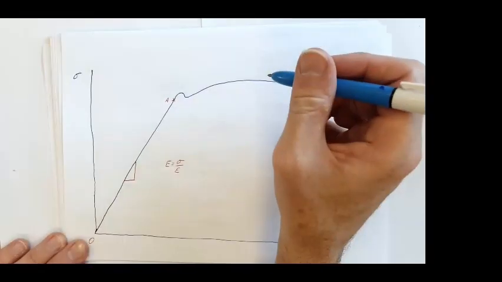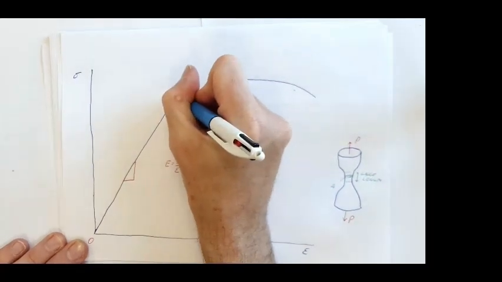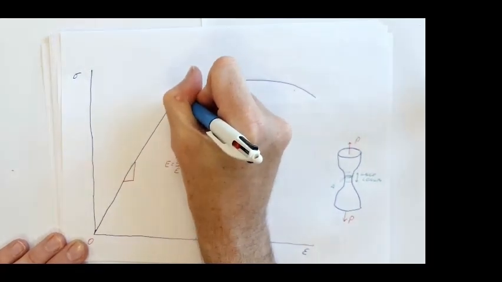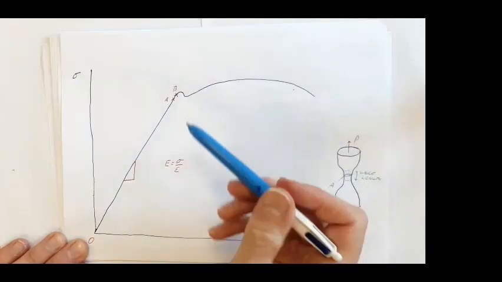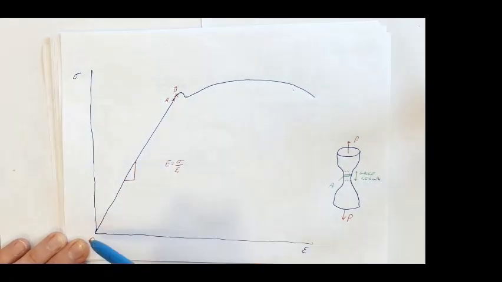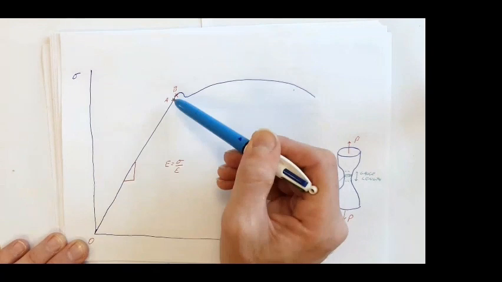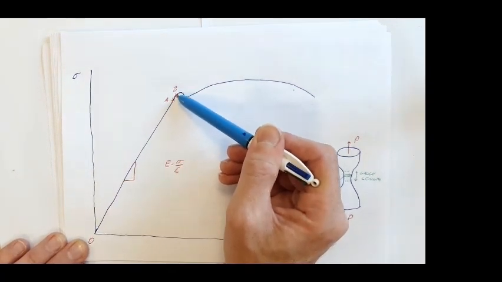Now, beyond A, there is a small region where the part is still elastic, in that if you remove the load, you would go back down this line to 0 strain, so there'd be 0 permanent deformation, but the line is no longer straight beyond A. It's no longer obeying Hooke's law.